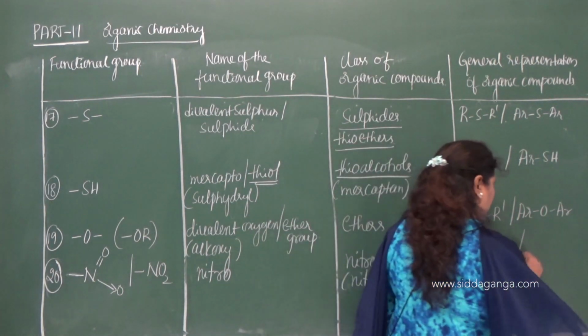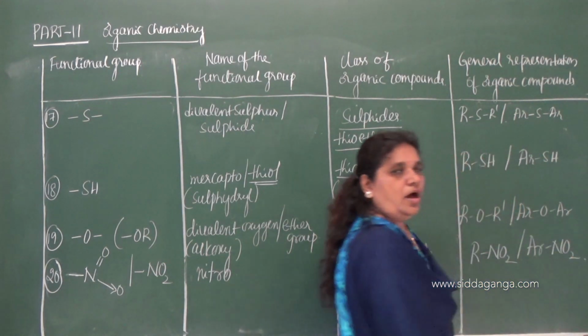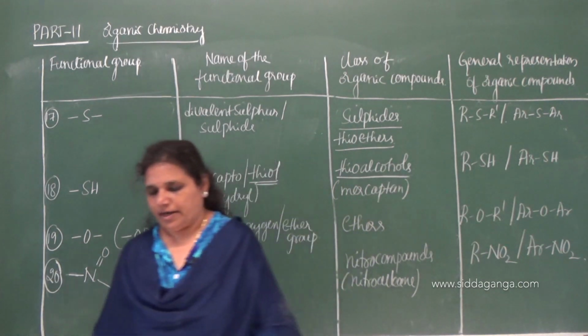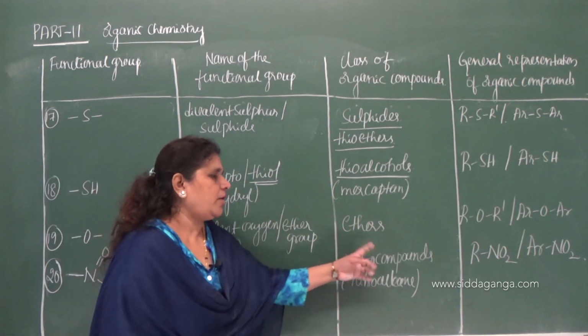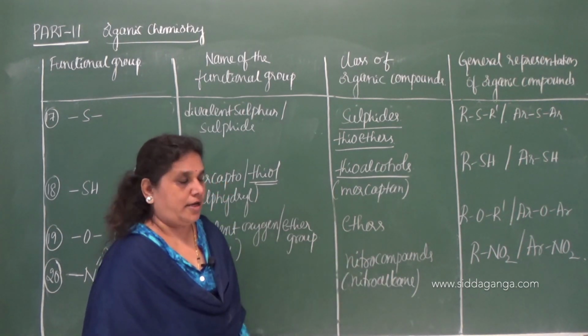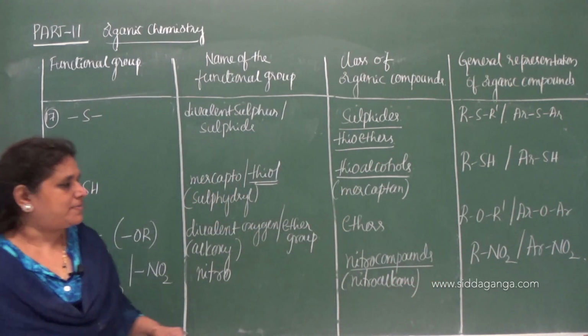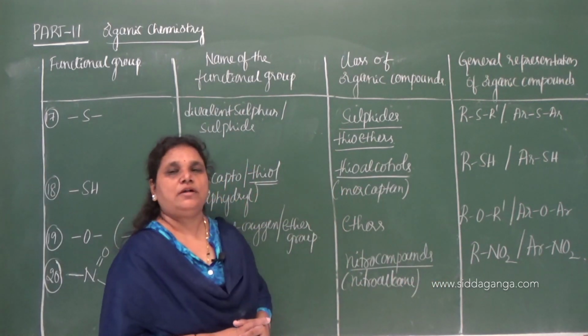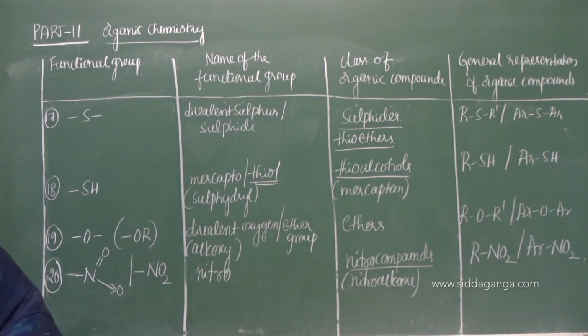RNO2, and you can also write it as ArNO2. It may be attached to an aryl group as well. Aromatic nitro compounds, aliphatic nitro compounds. Hence, in general, if the NO2 group is present, such organic compounds are called nitro compounds. Okay. Now, let us move on to the second form of this NO2.